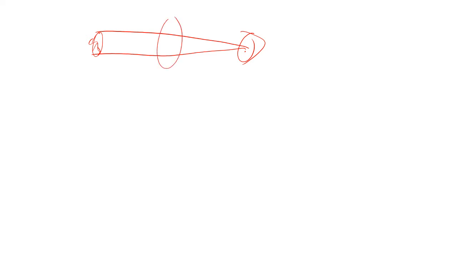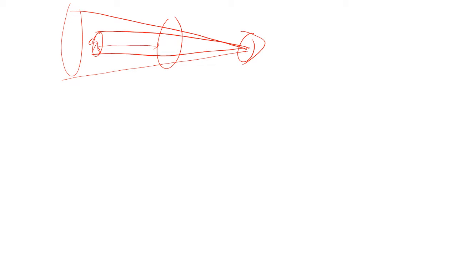If the object is closer to you than the focal length of the lens, you get a virtual image, and the virtual image is going to be bigger. The closer the object is to the focal point, the bigger the image is going to be.